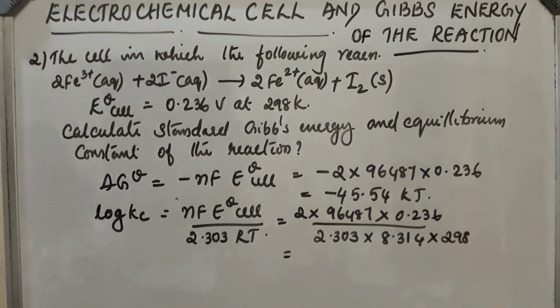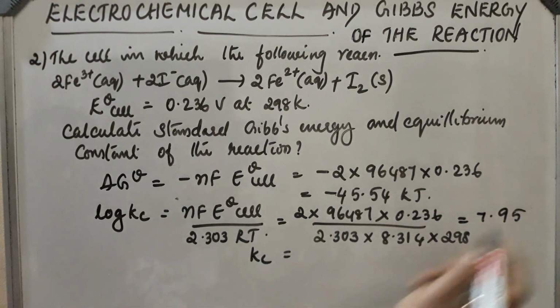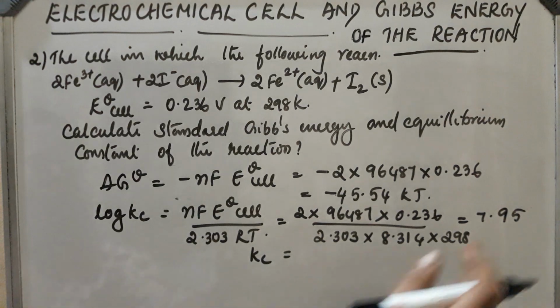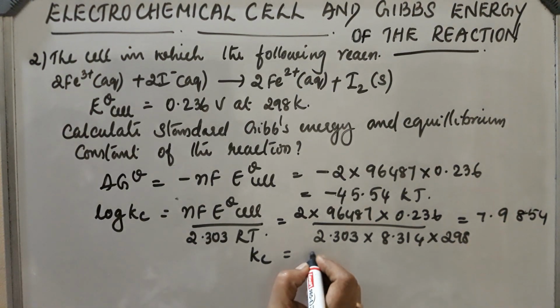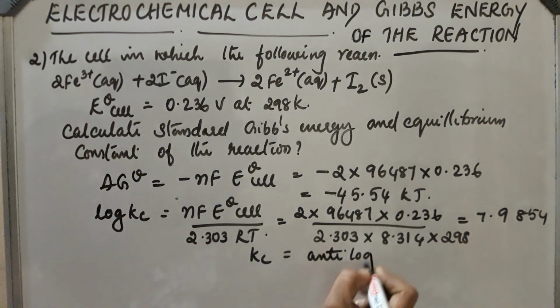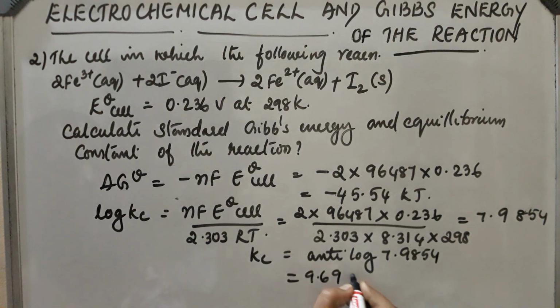By substituting all these values, we got log Kc as 7.9854. Now, what will be Kc? The antilog of that value is 9.69 into 10 raised to 7. This will be Kc, 9.69 into 10 raised to 7. Okay. This much about the Gibbs energy.